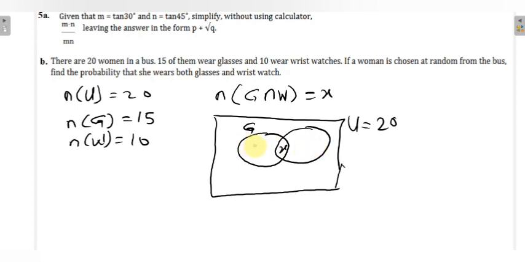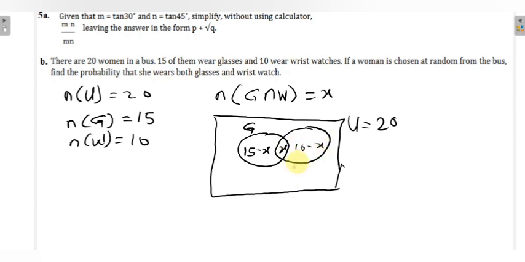Of the 15 women that wear glasses, X of them also wear wristwatch. So for the people that wear only glasses, it's going to be 15 minus X. And for the people that wear only wristwatch, it's going to be 10 minus X.